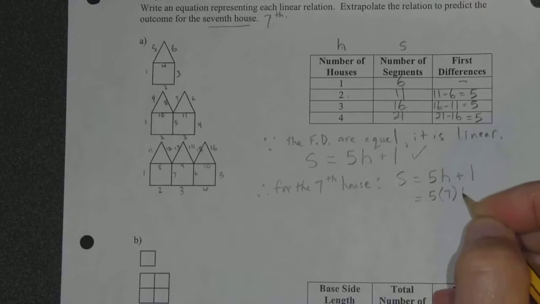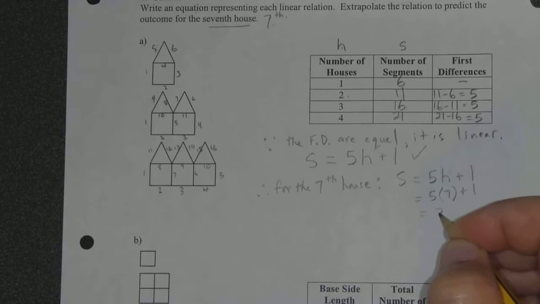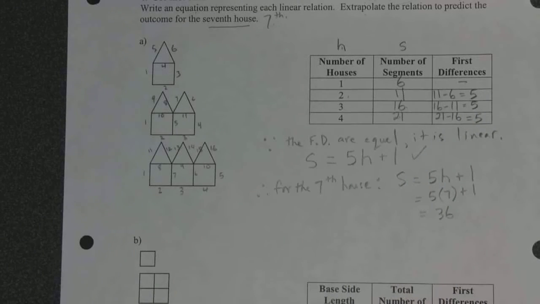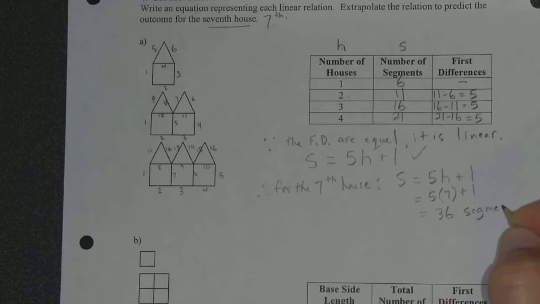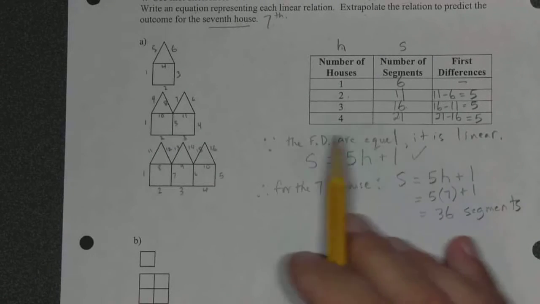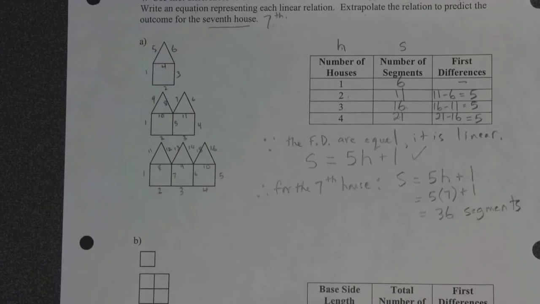Right underneath it. 36. 36 what? 36 segments. Okay? So you need 36 segments for 7 houses.